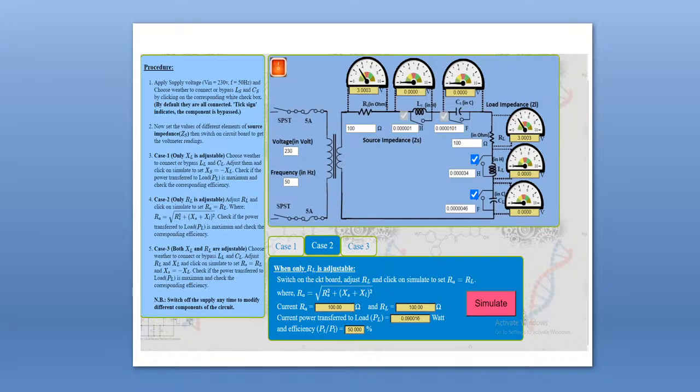In the present slide, everyone see that there is a circuit diagram and also some instructions are given in the same slide. You first connect the circuit, and initially everyone select the values of inductance and capacitance, otherwise you will get a logical error, that is NaN.